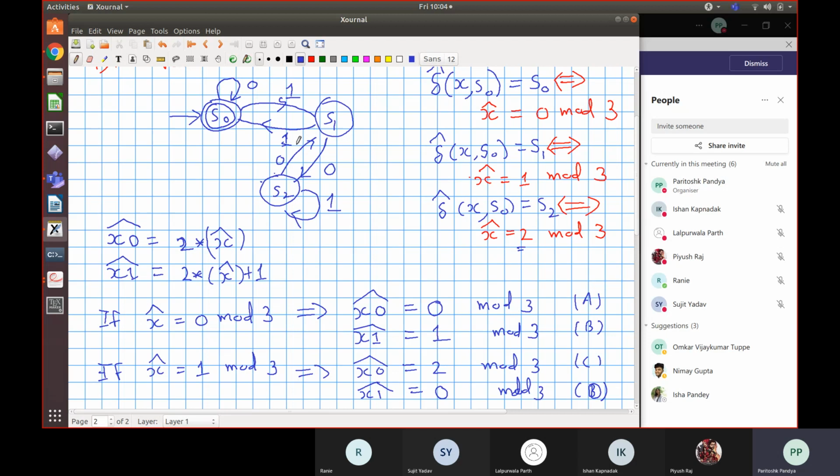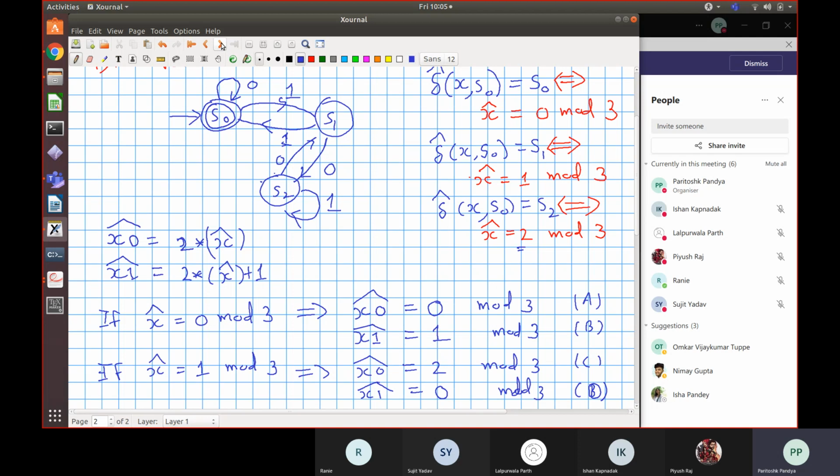So if I ask you how to extend this to all binary numbers which are divisible by 5, you will be able to do it? How many states will that automaton have? 5. All representing remainder 0, 1, 2, 3 and 4, right? You can do the same trick there, and you can build the automaton.